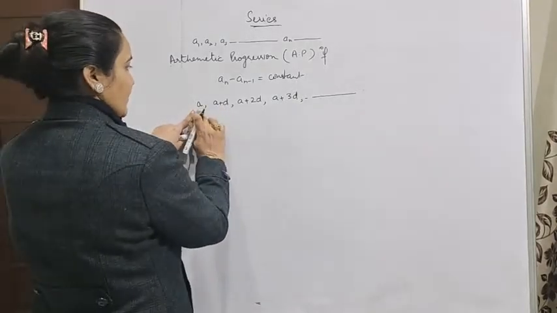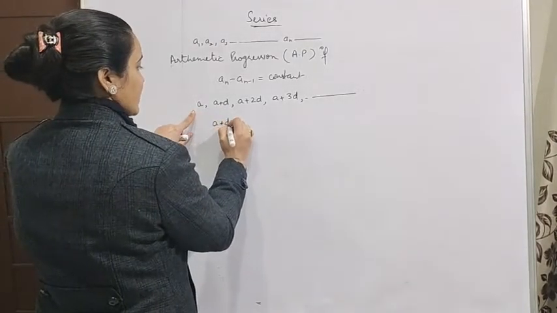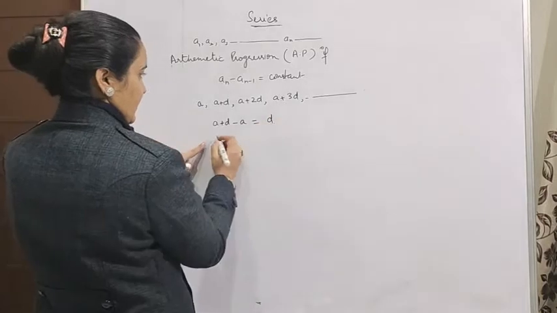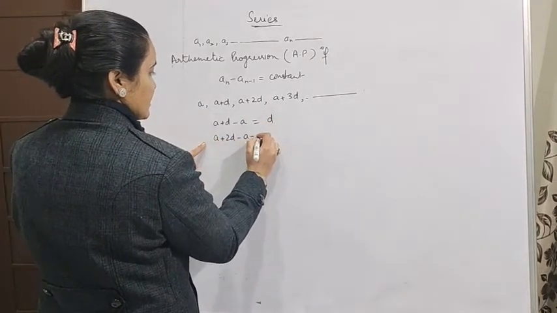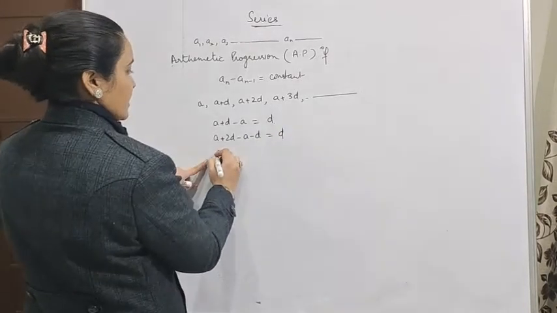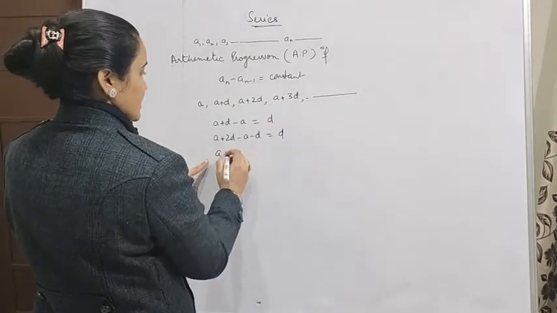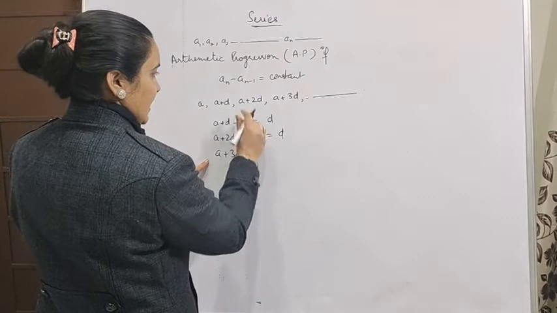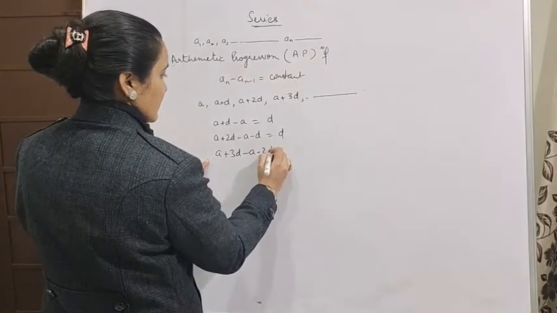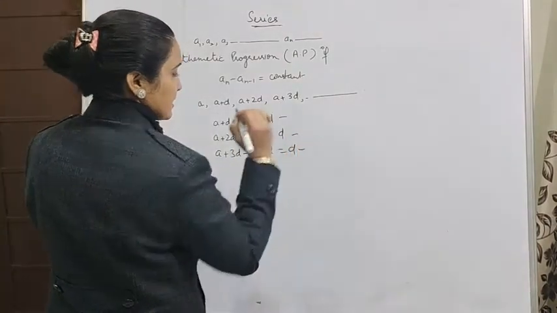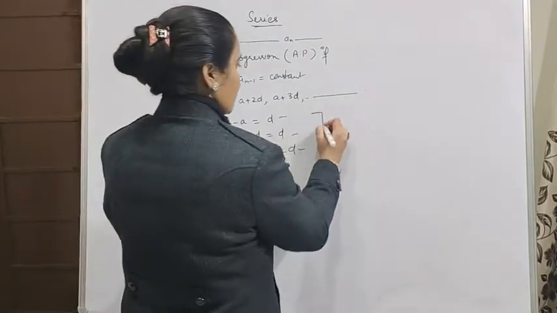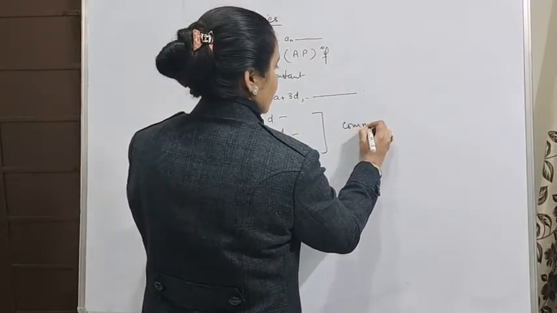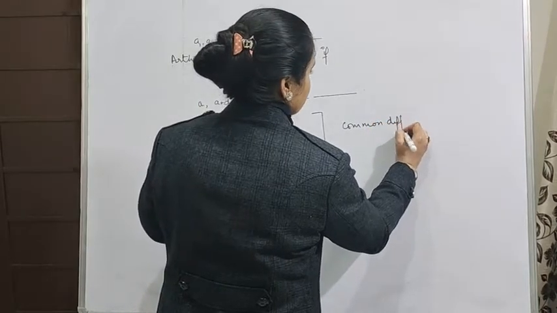Because the difference of A plus D minus A is D. The third term with the second term, A plus 2D minus A plus D, is again D. The fourth term with the third term is again D. So the difference remains the same. This difference is also called the common difference.